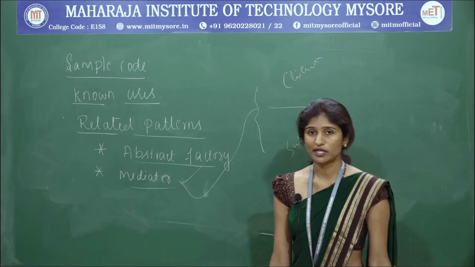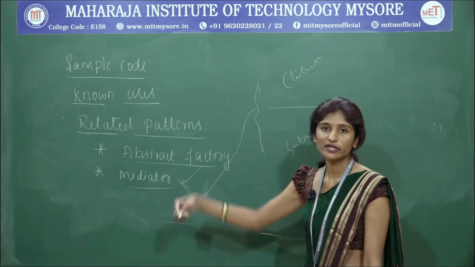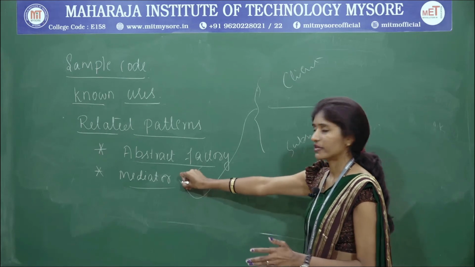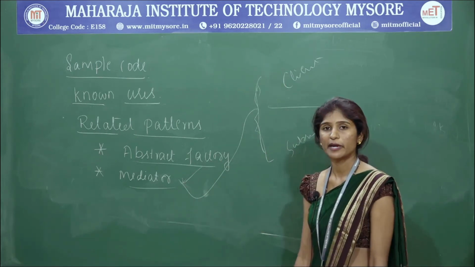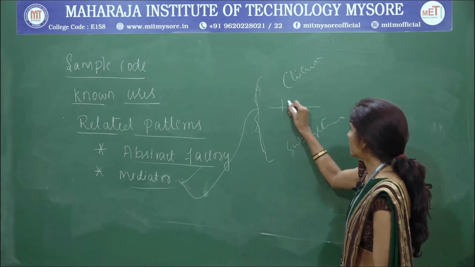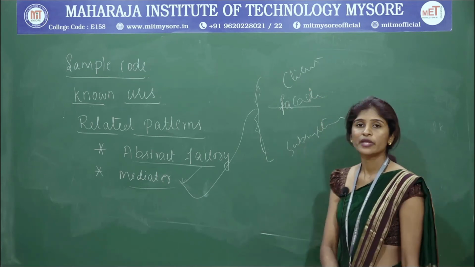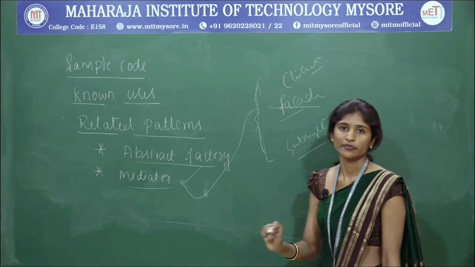Not exactly the mediator's work, since this may perform different actions and that may perform different actions. But when you go with the general meaning of mediator, it resembles this operation, that is, the facet design pattern. Your facet will be here and it is going to interconnect the client and the subsystem, right?